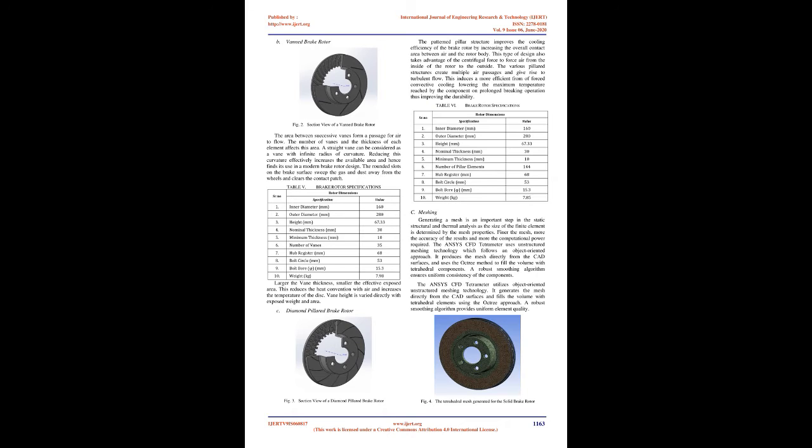The disc brake material taken for analysis is cast iron. Some important properties of gray cast iron are: density 7200 kg/m3, Young's modulus 125 GPa, thermal conductivity 54.5 W/mK, coefficient of friction 0.25.